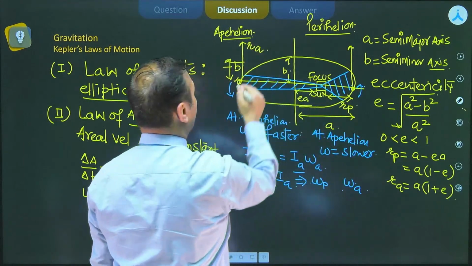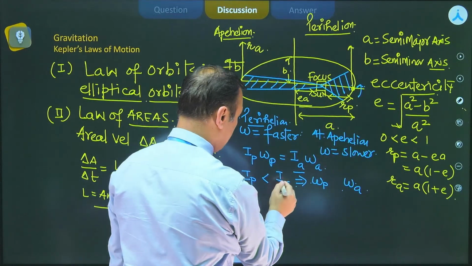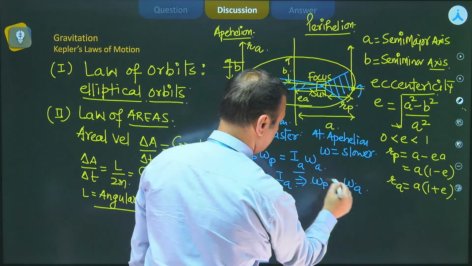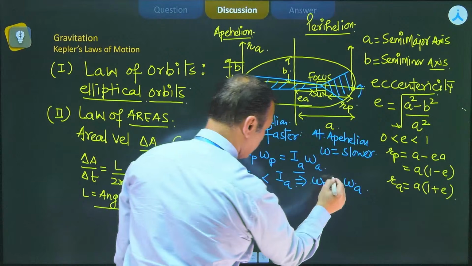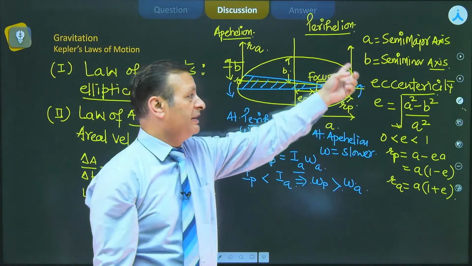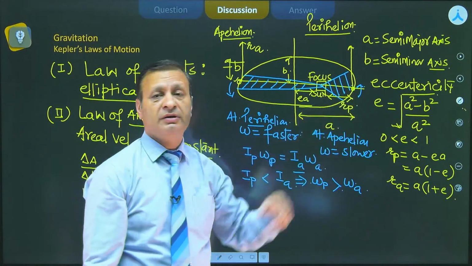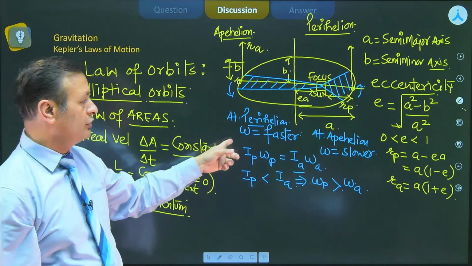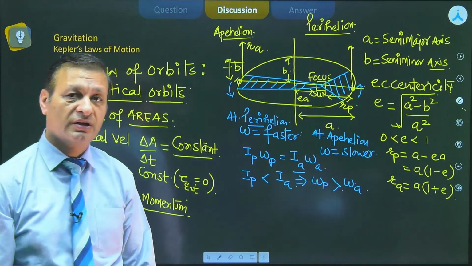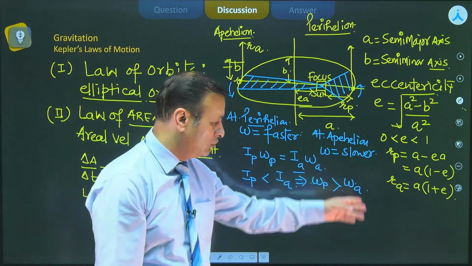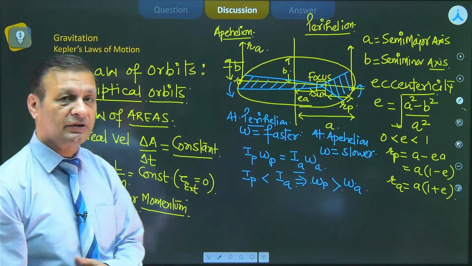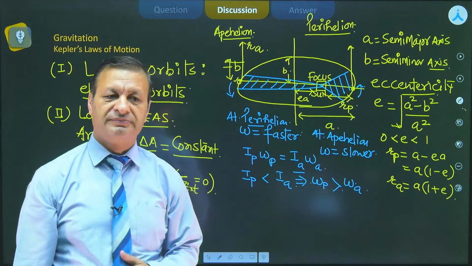Aphelion position is this one, so I is more at aphelion, so omega would be slower. That also confirms that when you are at perihelion position, your planet would be moving faster. So omega would be quite large as compared to when you are at aphelion position. Any doubt from this part? Any doubt?